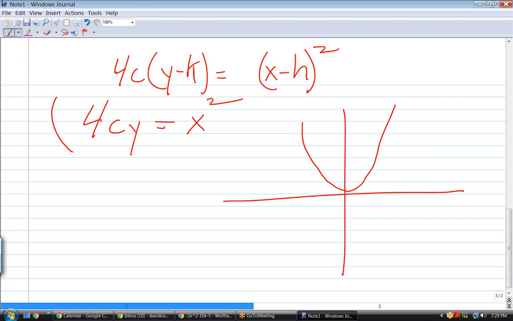But this is only good for parabolas whose vertex is at the origin.